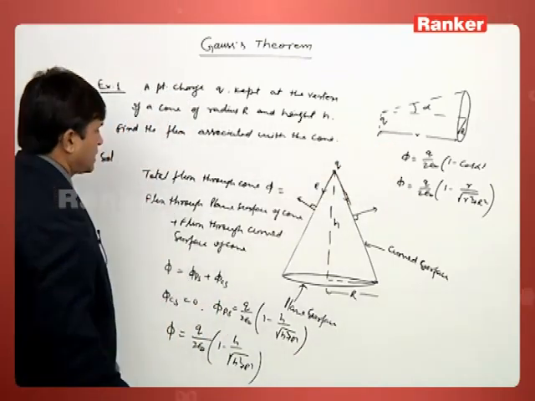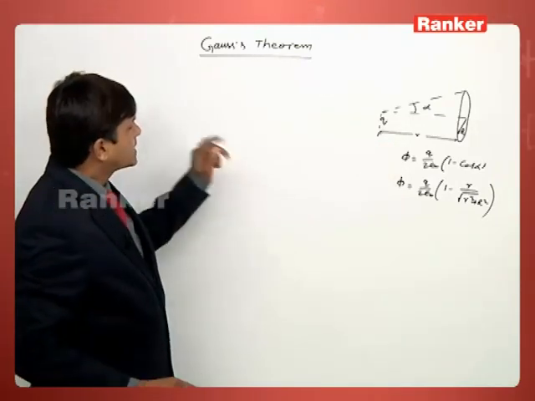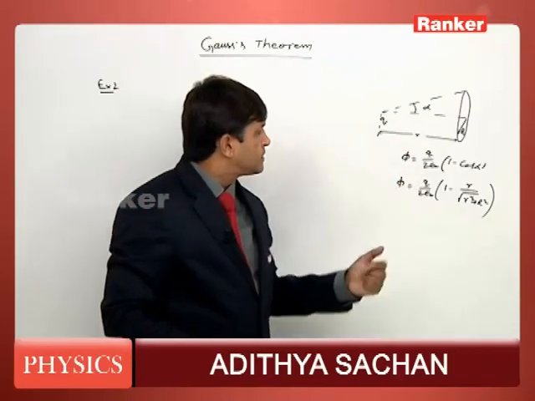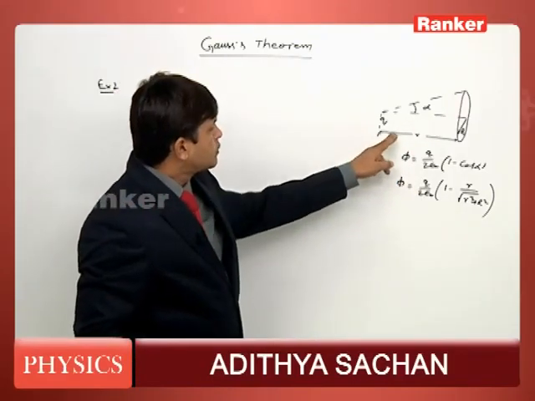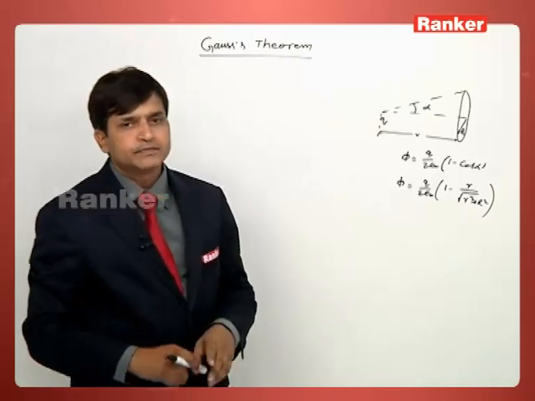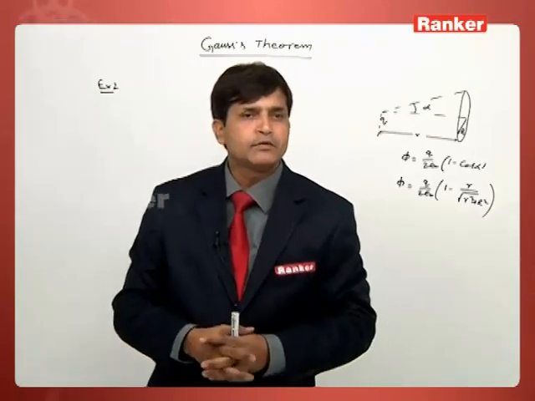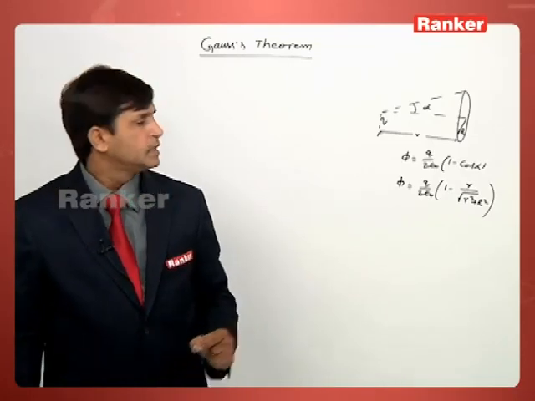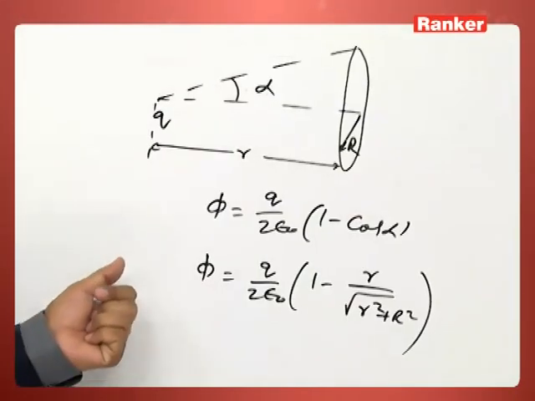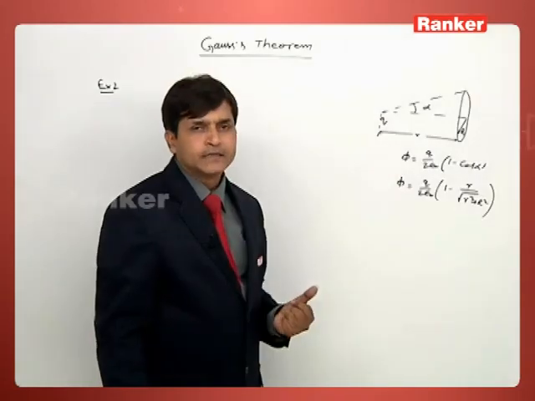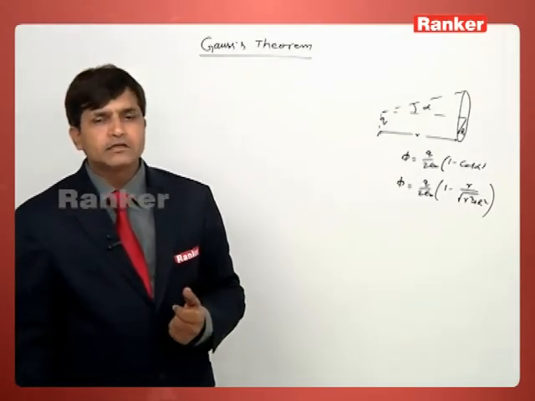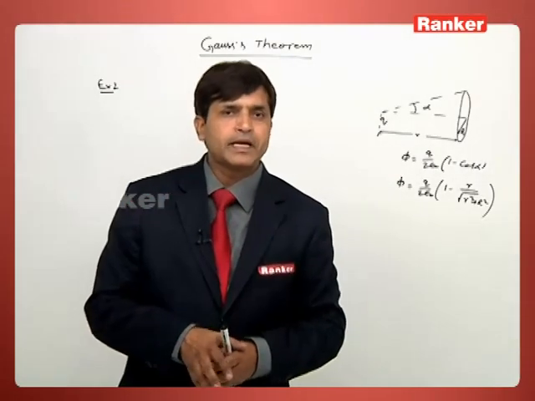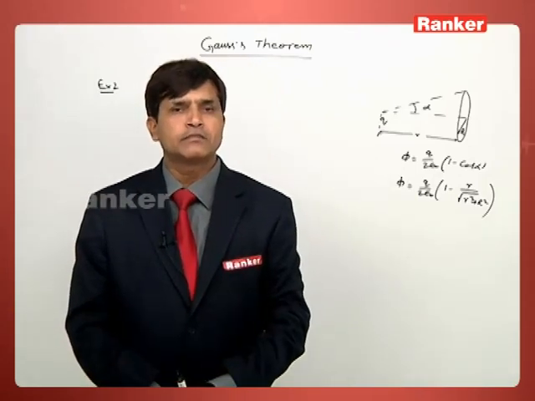See another question here. In this example also we will use the relation we derived earlier. In this example we are taking a charge at the center of a cylinder, and we would like to find the flux through the curved surface of that cylinder.